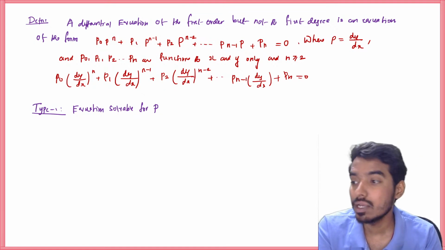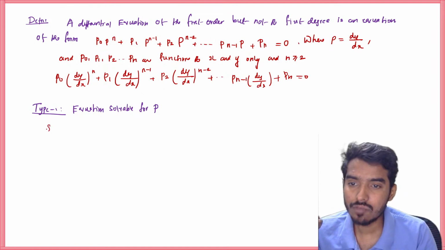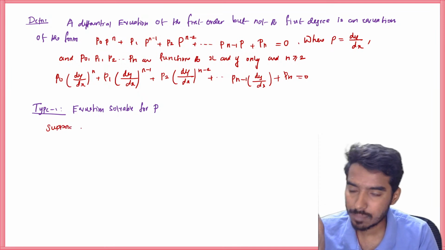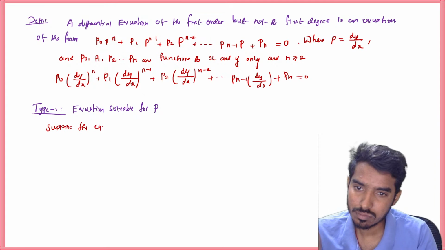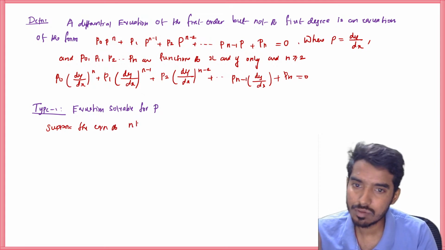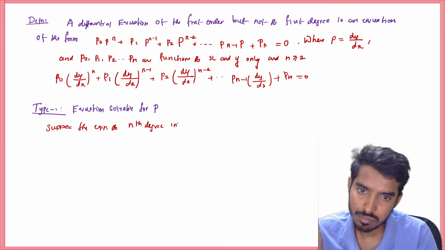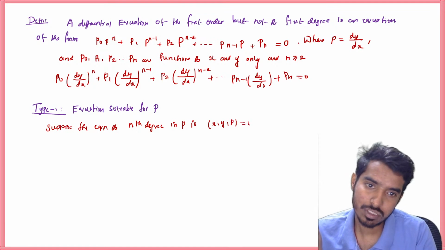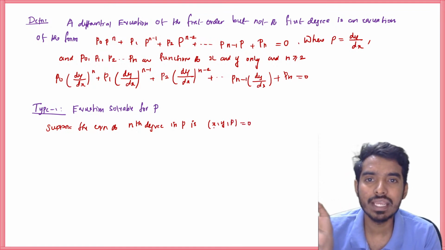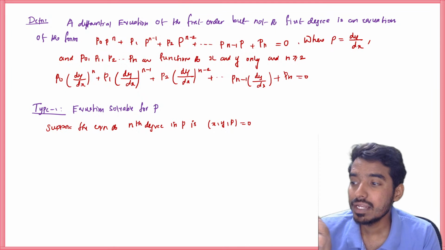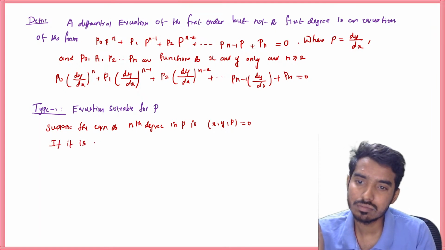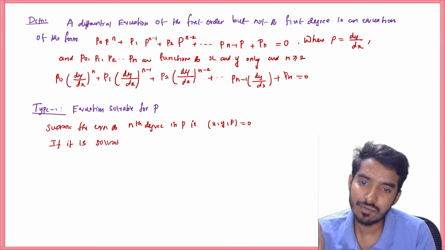Suppose the equation of nth degree in p is f of x comma y comma p is equal to 0. Suppose you have functions of x, y, and p, if it is solvable for p, very simple, right? You just have to understand this.